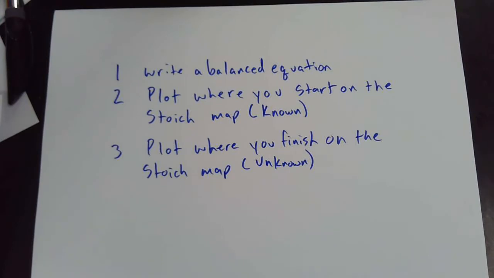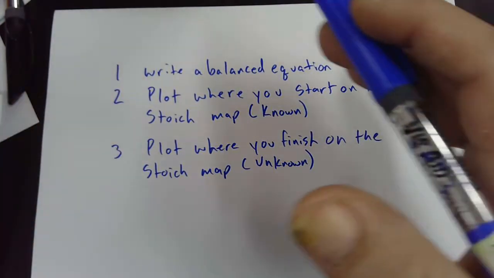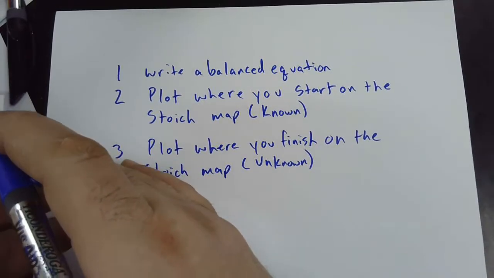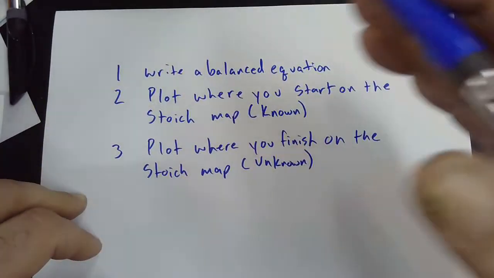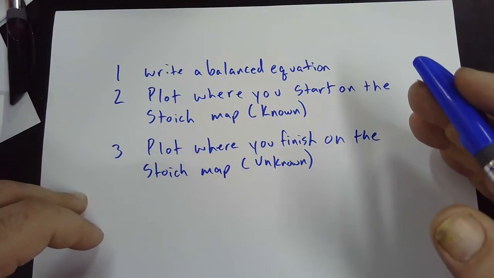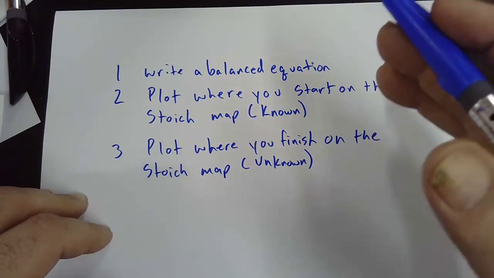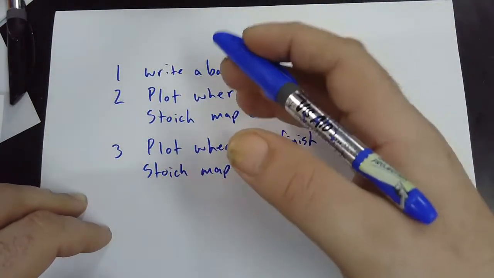This relationship goes across the whole thing. I have a known value of one substance and an unknown value of another substance. What is that unknown value? It's based on the relationship of the coefficients.